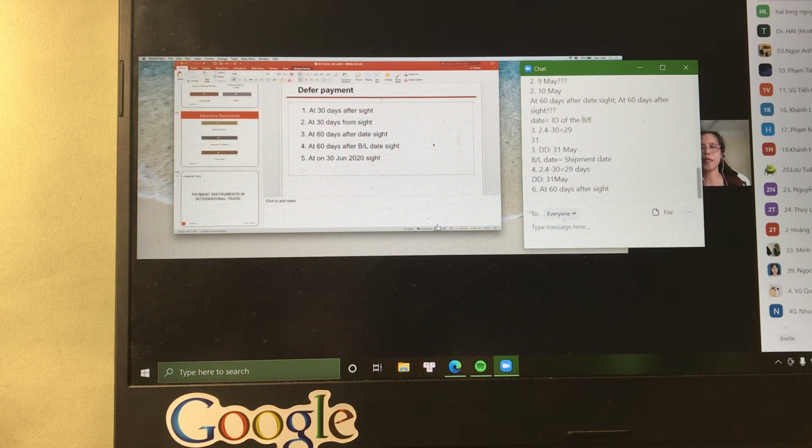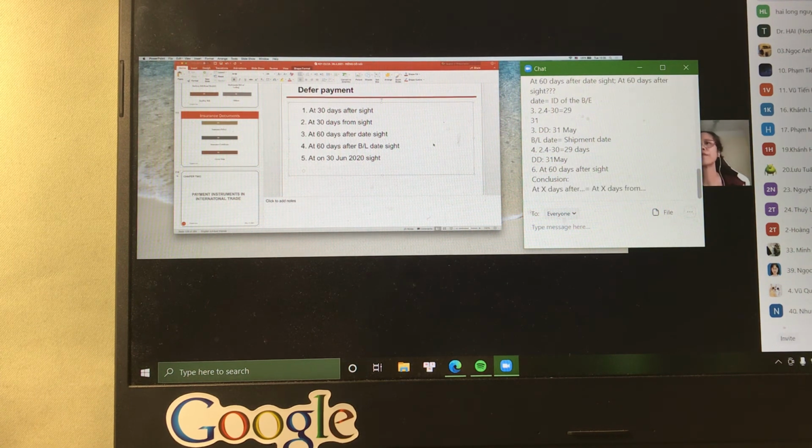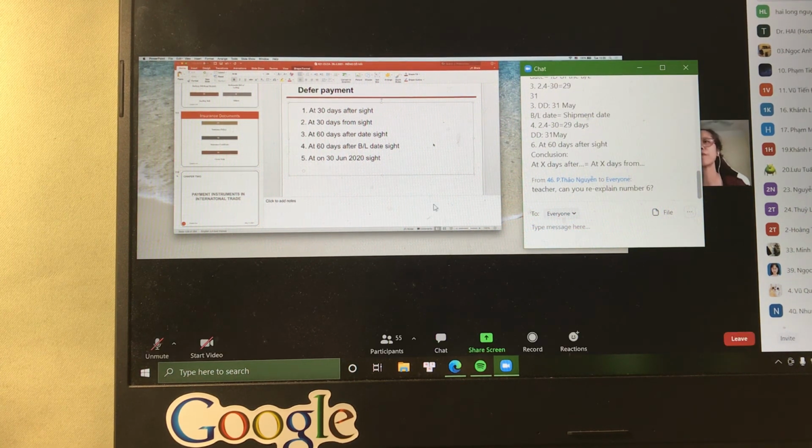Conclusion is at X days after sight is always equivalent to at X days from sight. It is the first notation.